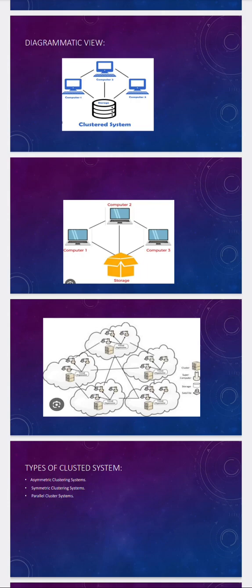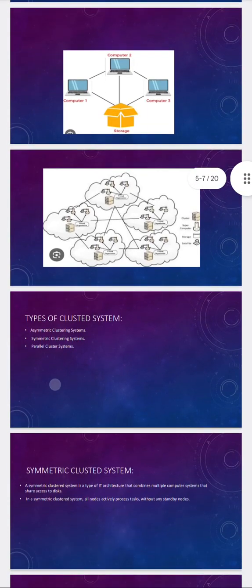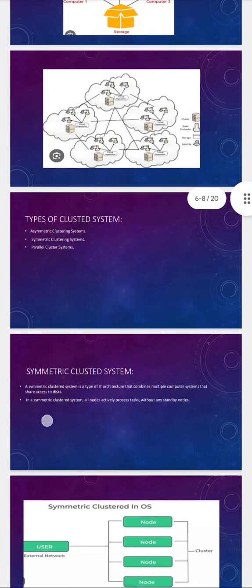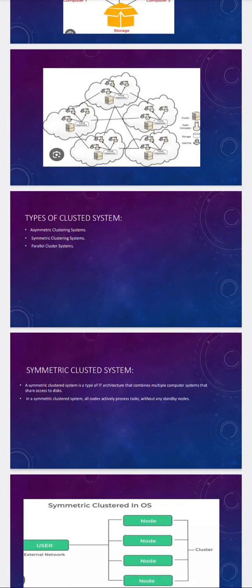Next, the types of clustered system. There are three major types: asymmetric clustering system, symmetric clustering system, and parallel clustering system. First, the symmetric clustering system is a type of IT architecture that combines multiple computer systems that share access to disk.